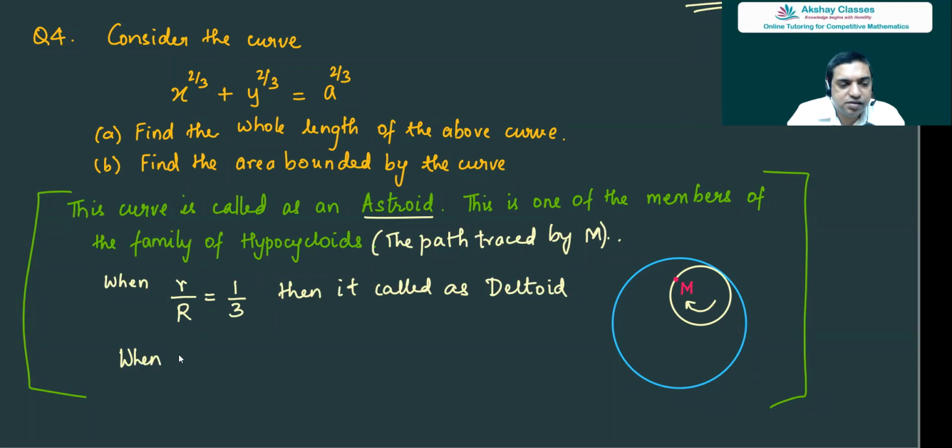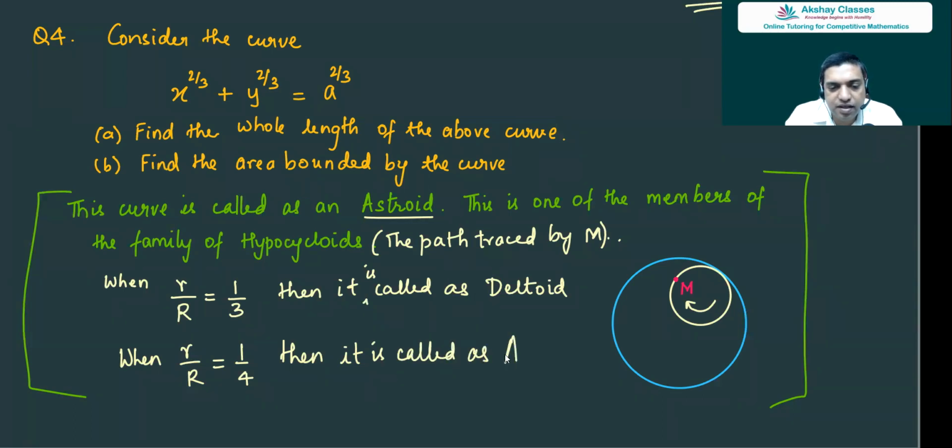When r by capital R is 1 over 4, then it is called an asteroid. Okay, and there are many.